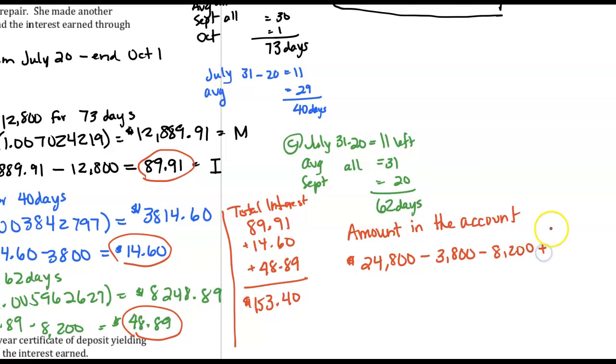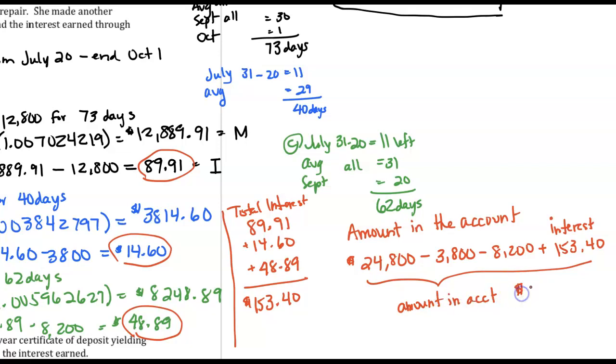And in the end, we have our interest that gets added in of $153.40. Putting all of this together, the amount in the account is $12,953.40.